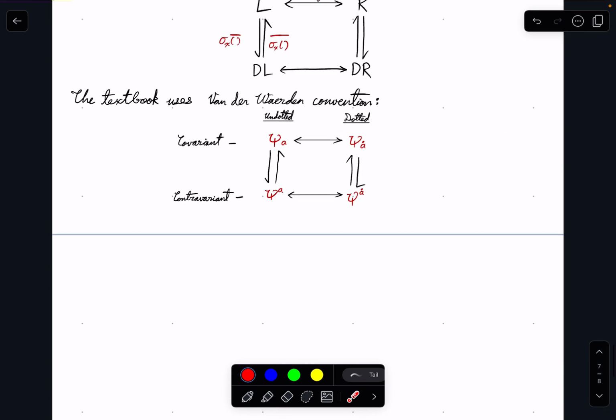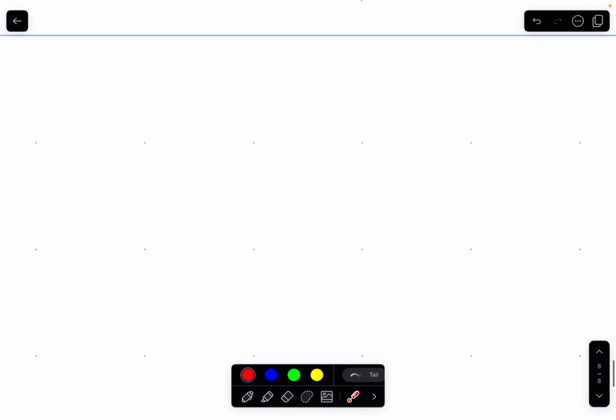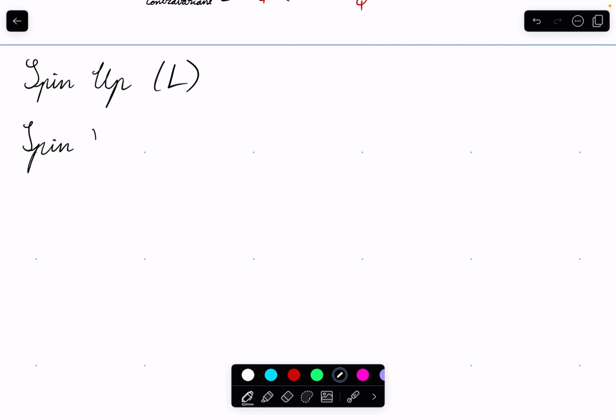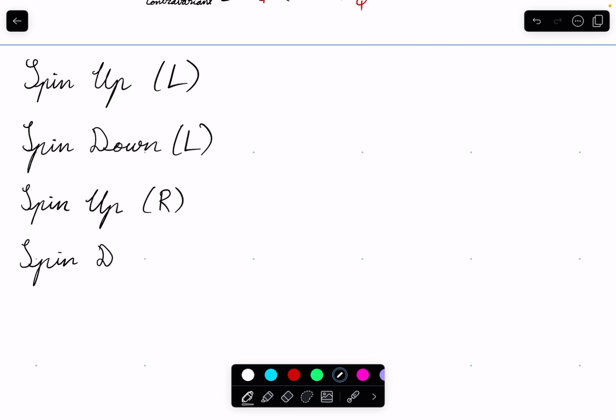Now let's talk about what the actual components of spinors represent. You can have spin up, which is left-handed. You can have spin down, which is left-handed. You can have spin up, which is right-handed, and you can have spin down, which is right-handed.